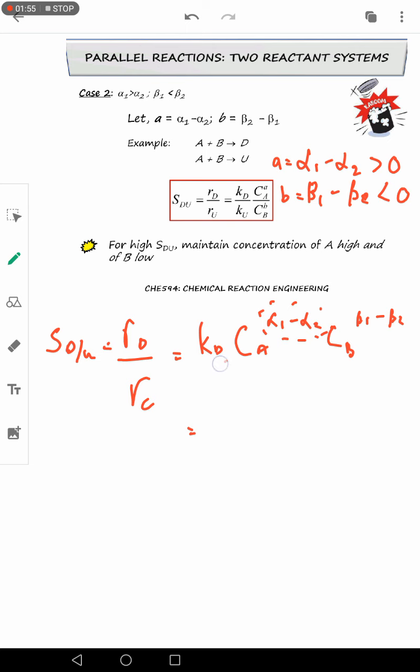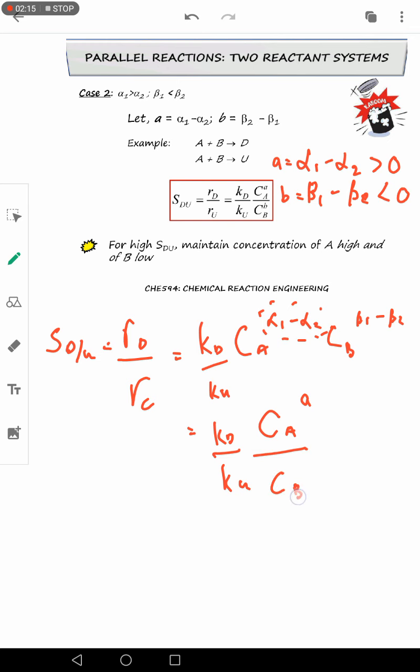So bermakna kalau kita transformkan dia dalam bentuk A and B, so CA to the power of A, because A is more than 0, so dia akan berada sebagai nominator.